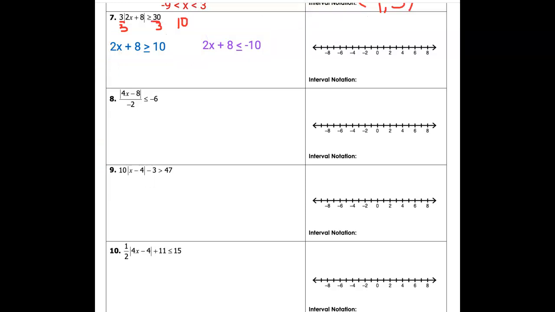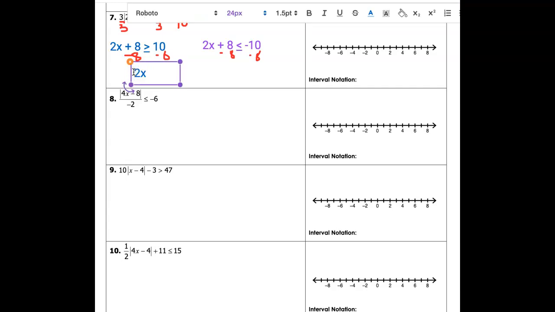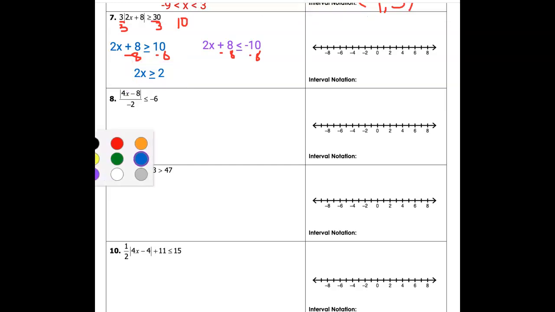So from each inequality, we start by subtracting 8. So minus 8 here. All right, same thing here, minus 8, minus 8. So now we have 2x is greater than or equal to 2.